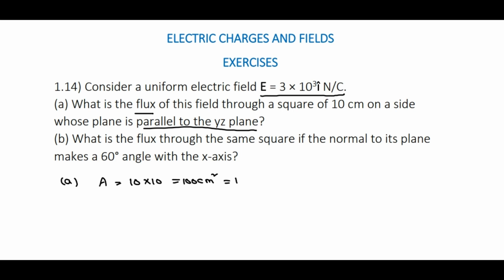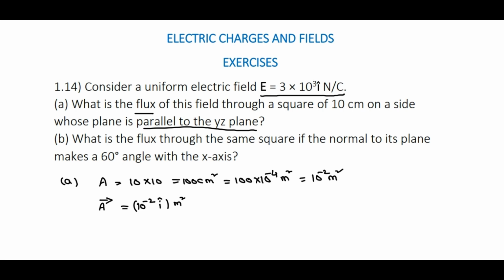We can write this is 100 into 10 power minus 4 meter square, that is 10 power minus 2 meter square. If you are writing vector form of this, A bar is equal to 10 power minus 2 i cap meter square.